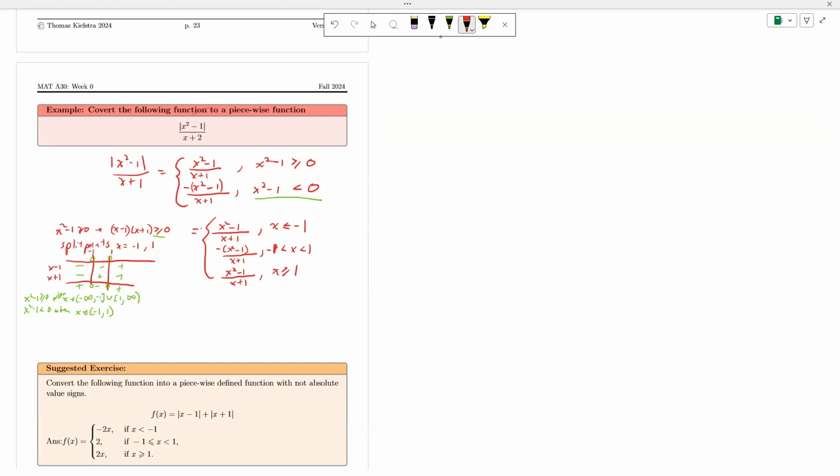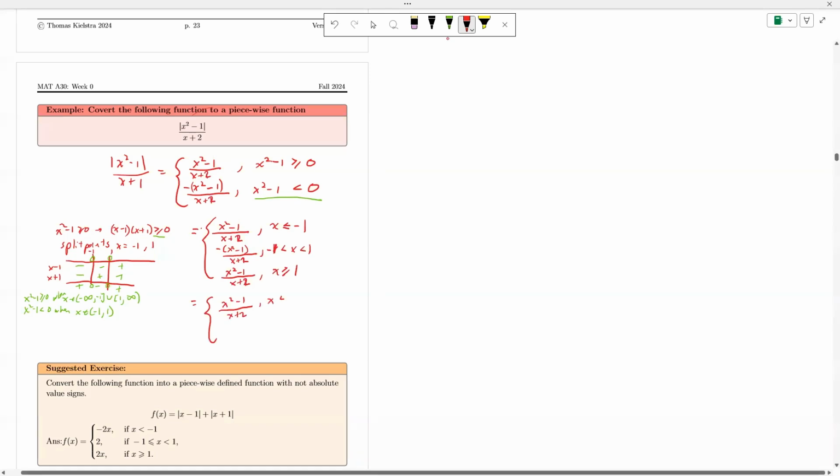To simplify it even further, we get (x squared minus 1) over (x plus 2) when x is less than or equal to minus 1.